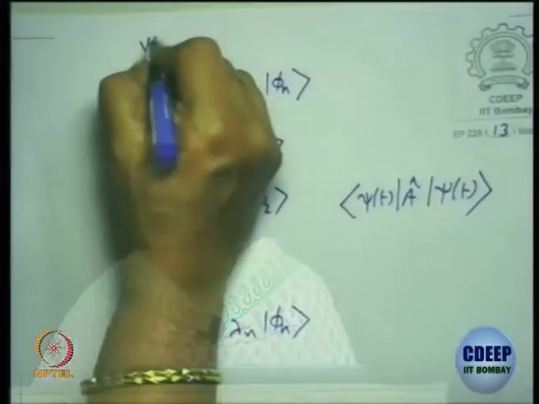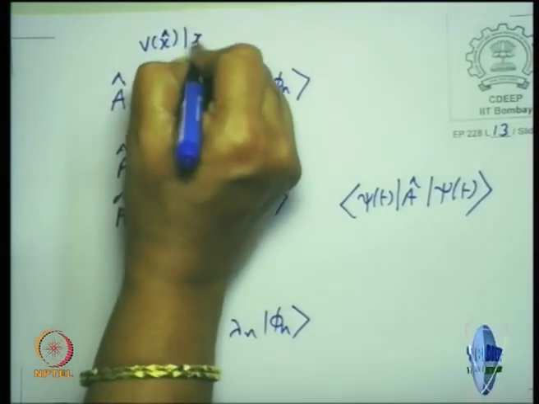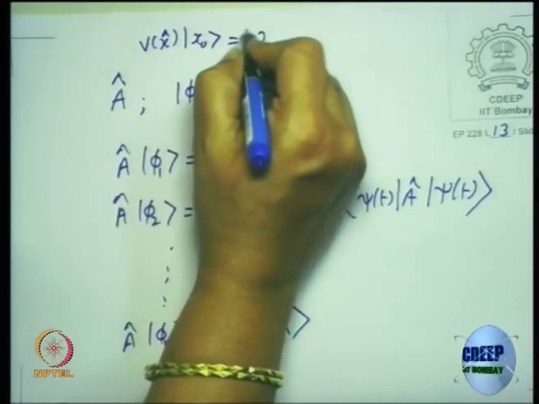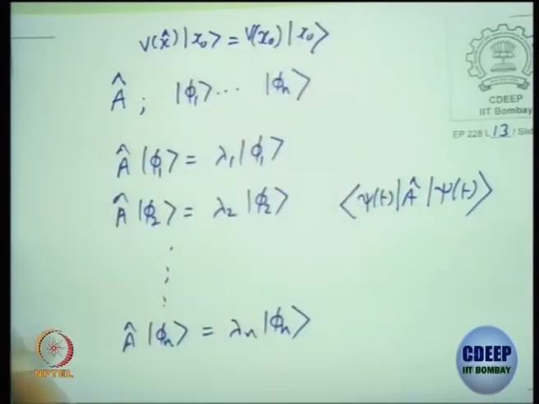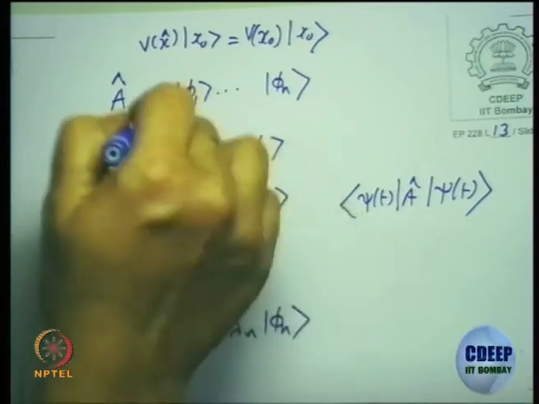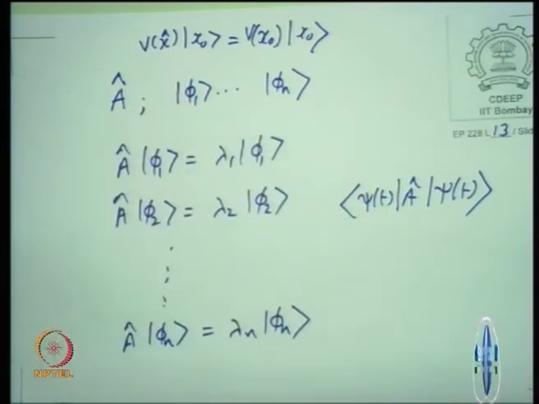When we tried to get the Schrodinger equation, we went into the position basis. So V of x operator on a position state x naught is V of x naught on x naught. So we went into a convenient position state basis to do our calculations. Suppose you have an abstract operator A, you try to go to the eigen basis of that operator and things will be simplified.